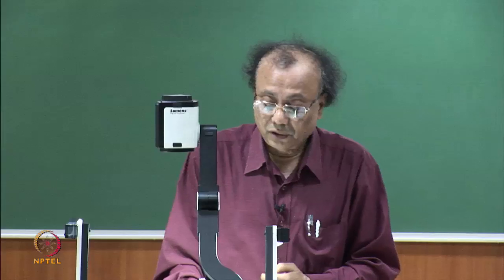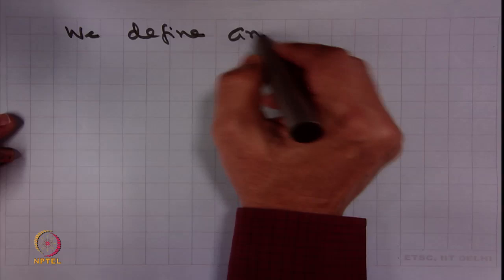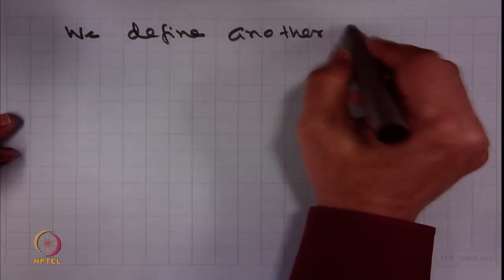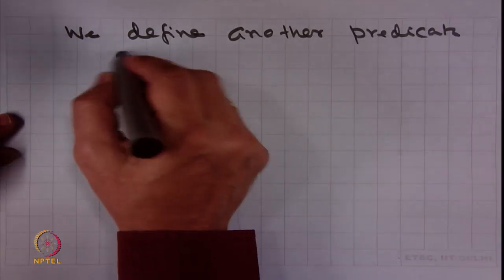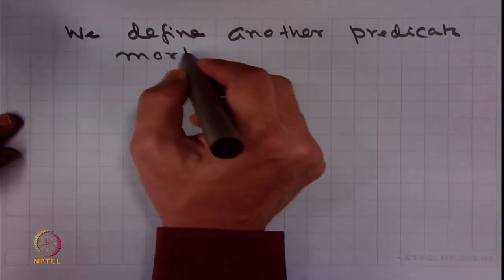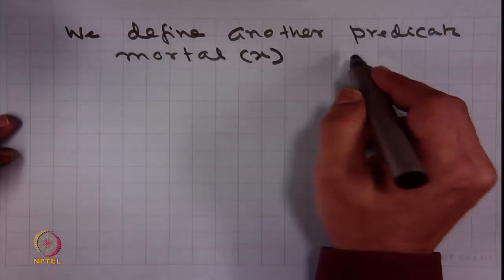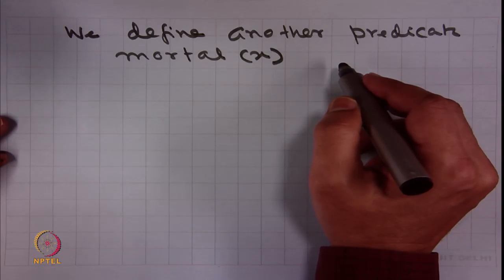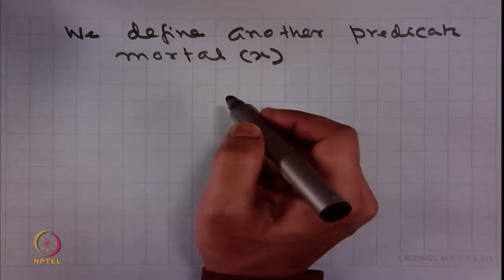So, we define another predicate, say mortal x, which is true if x is mortal, which is false if x is immortal.